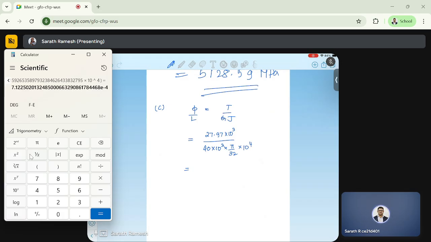The value we are getting is 7.1225 into 10 to the power minus 4 radian per mm, right? But we want in meters, so 10 power minus 3 also should be there.